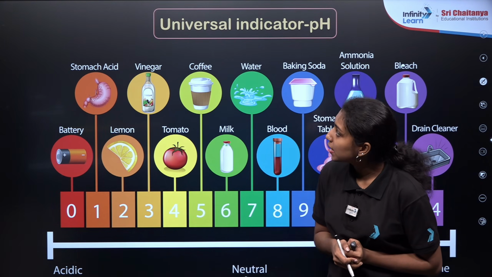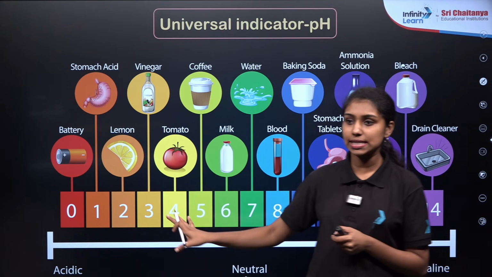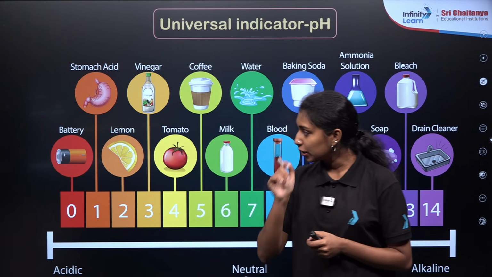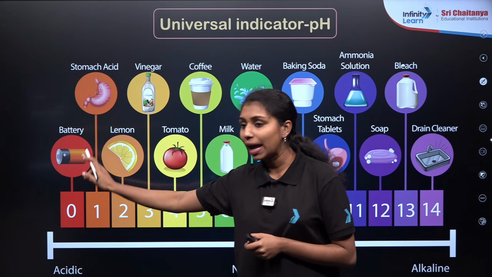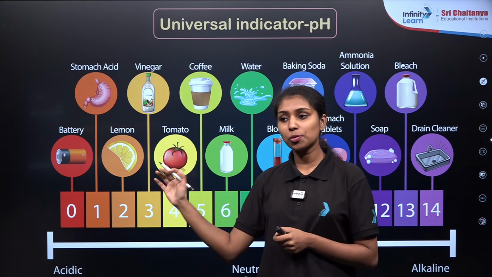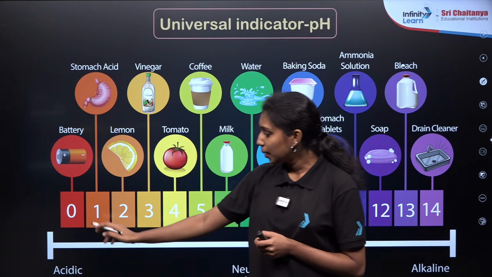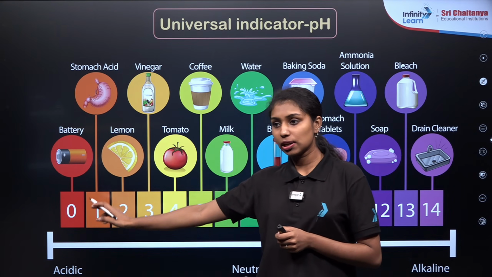Now you can see the color difference here, right? So this is our complete pH scale or the universal indicator scale. What you're observing here, this is our first example, a battery, right? Now you can predict whether in the battery there is an acid solution or a basic solution present. The pH value is equal to 0, right?